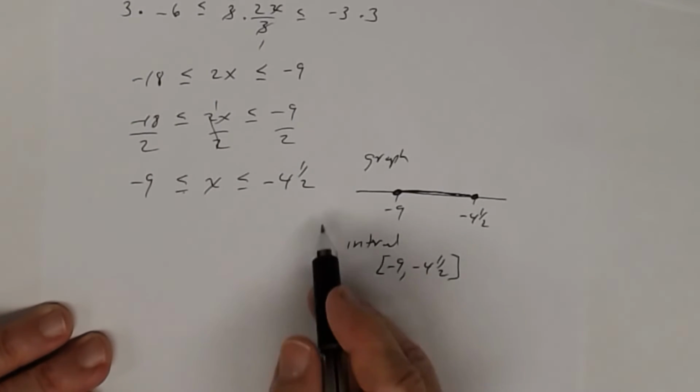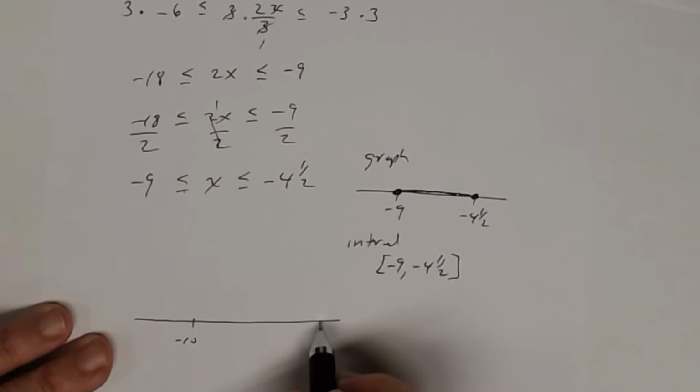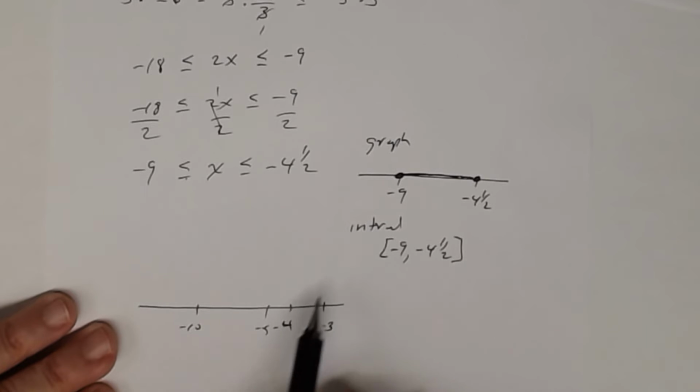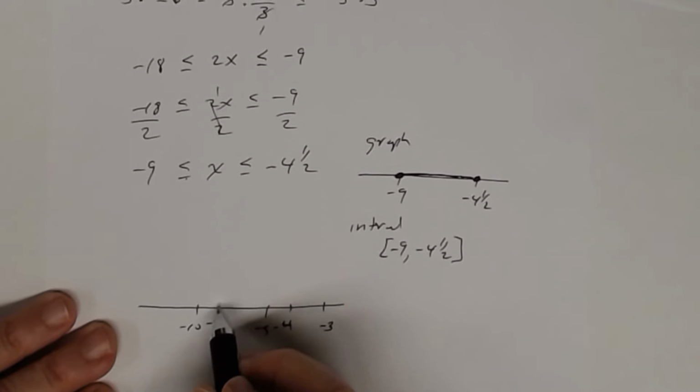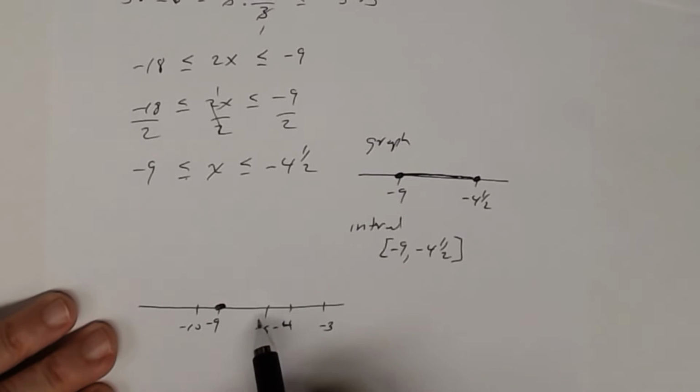Now, if you had a number line that looked like this, let's say this is -10, and let's say this is -3, -4, -5. I'm just putting something like that just to show you something. So we know that -9 is right here, right? So you can put a bracket, a closed circle in -9. -4.5 is between -4 and -5.